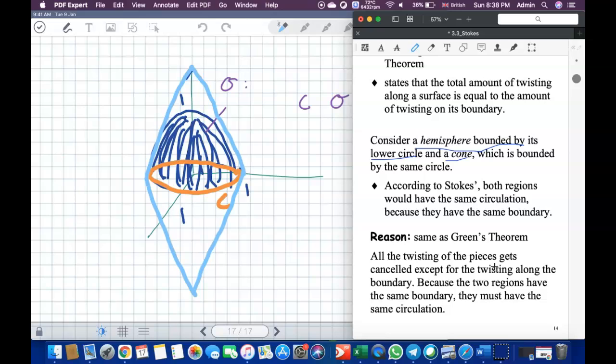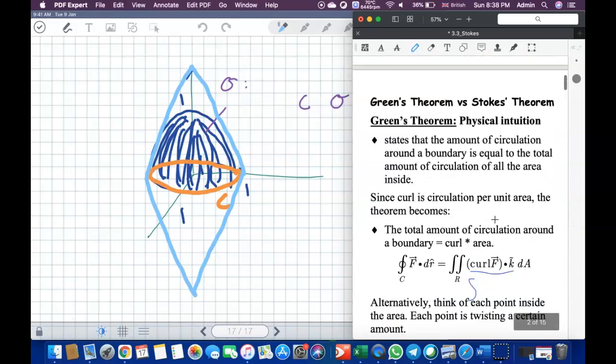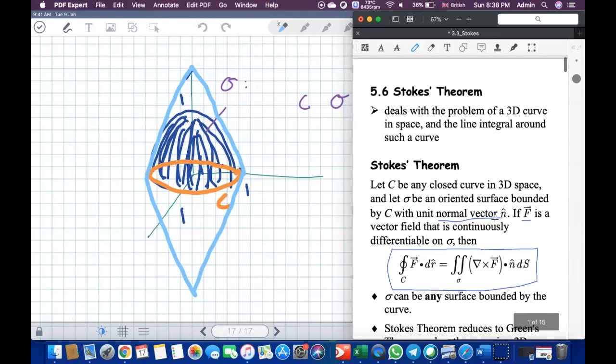Normally, for the sake of the exam, you just need to compute. We will give you a vector field F and some information regarding the sigma and also the curve, and you just have to compute Stokes' theorem.